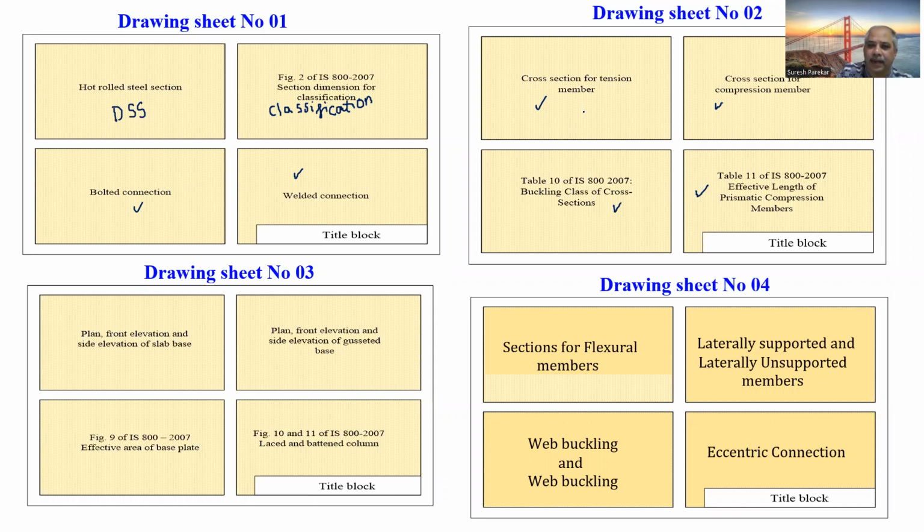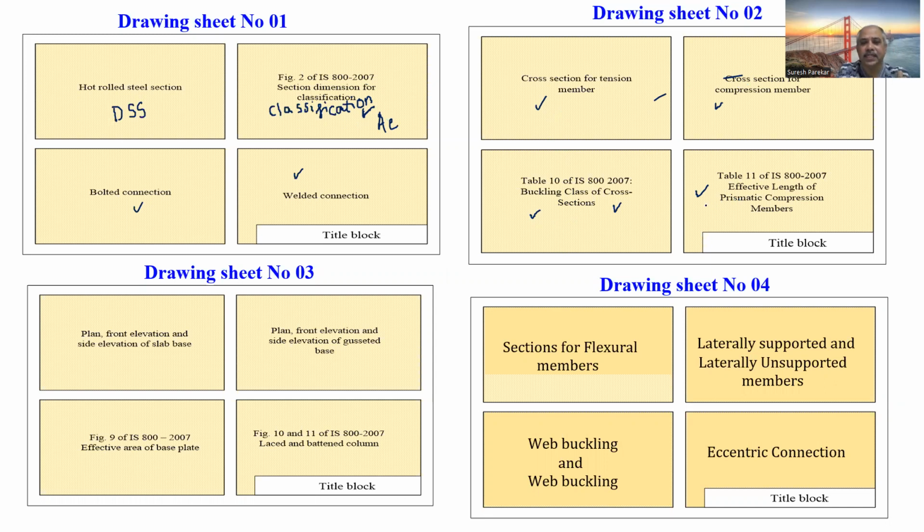For tension member calculation we require only this Ag. Here we need not require anything, but for compression member we require buckling class, this classification, and effective length.